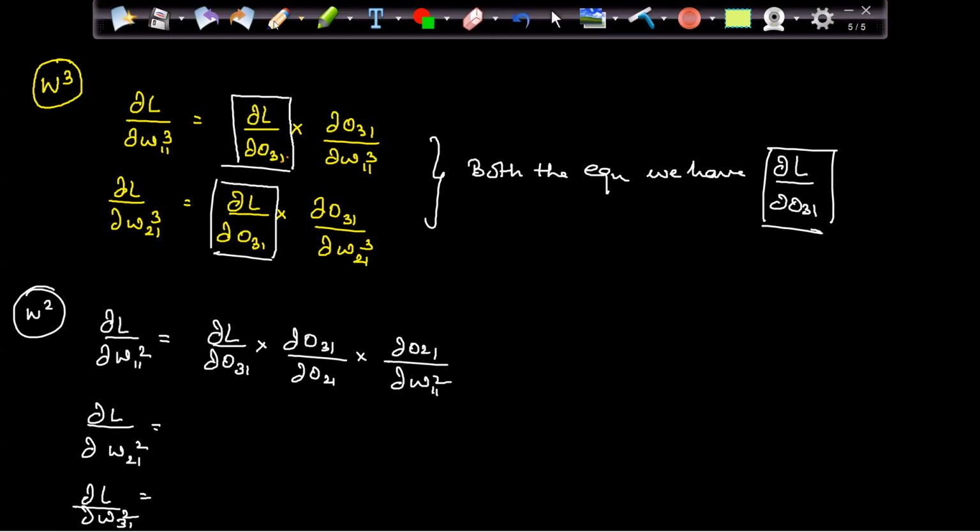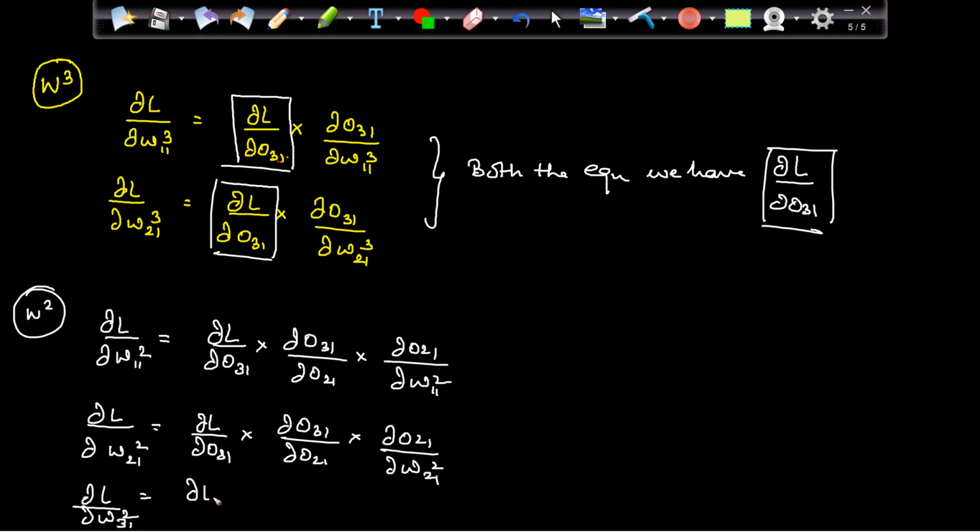Same way for the second equation, how will it look? We have dou L by dou O31 multiply by dou O31 by dou O21 multiply by dou O21 by dou W212.